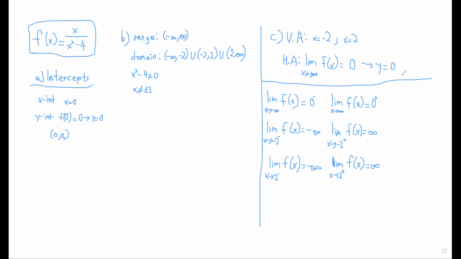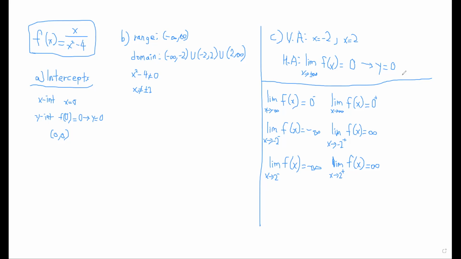So this might be a lot to take in, so I'll give you guys a second to process all this before I move on. So the intercepts, pretty straightforward. The range and domain, pretty straightforward. How I found the asymptotes, it's not that bad. Take a look at the behavior. So now you know that as x is negative infinity, the function is just barely beneath the x-axis. As it approaches infinity, it's just slightly above the x-axis.